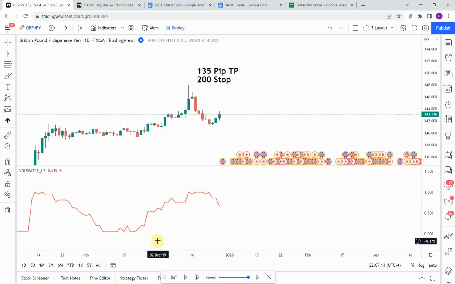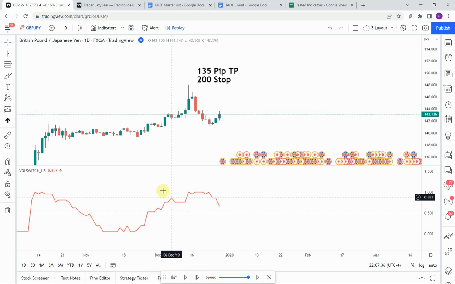The creator of the indicator described that when the oscillating line is below the 0.5 mark, then that is a sign that a trend could be forming and that there is low volatility.